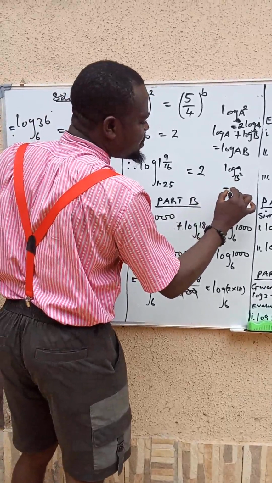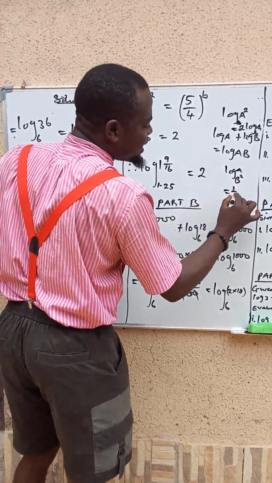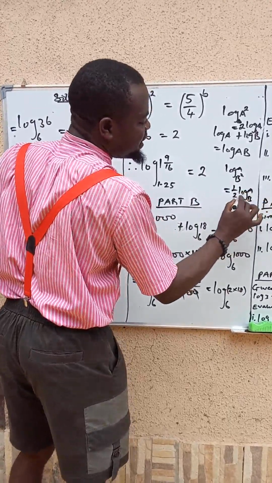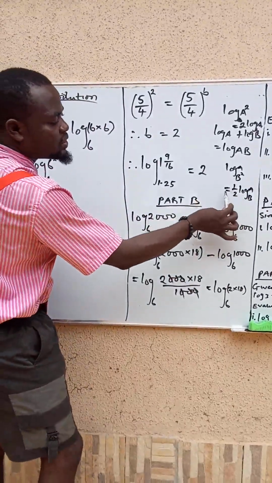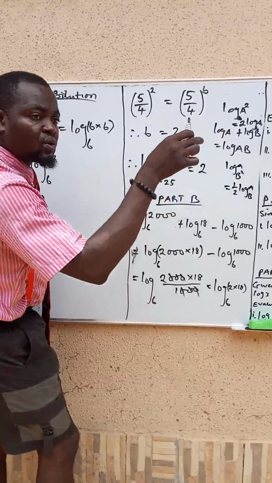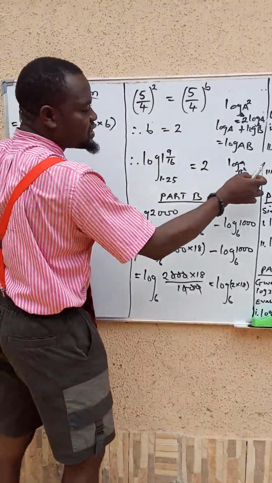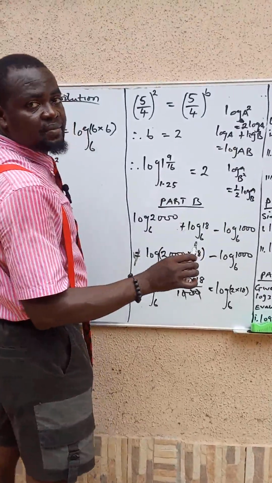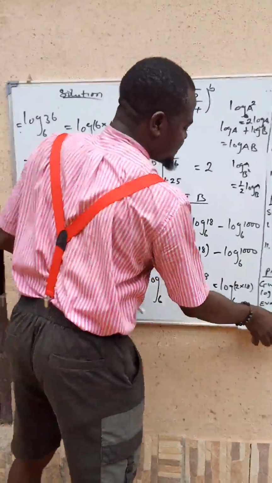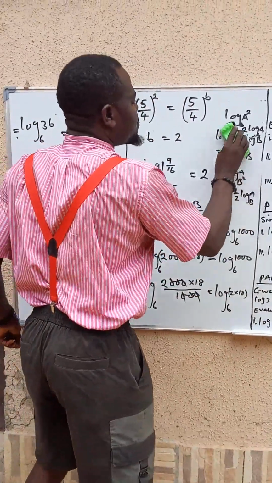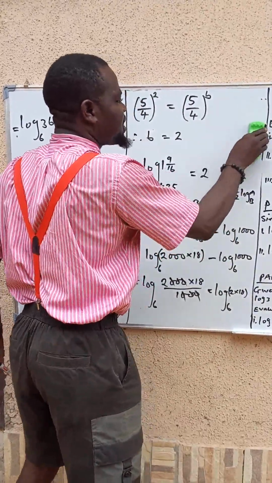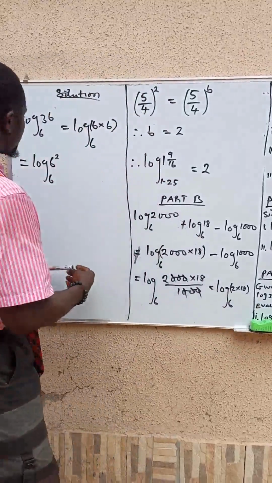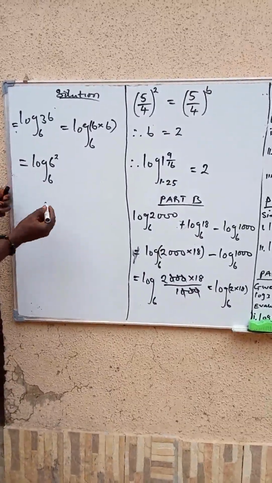If it's going back, it will be 1 over 2 log a to base b. If the power at the base is going to the back, it changes to 1 over that power. But if it's the log itself, it will remain the same. Please take note, in case you come across that, I did not tell you. Take note, please. That is that about that. Now, if I look at this, that means this thing is the same thing as what?